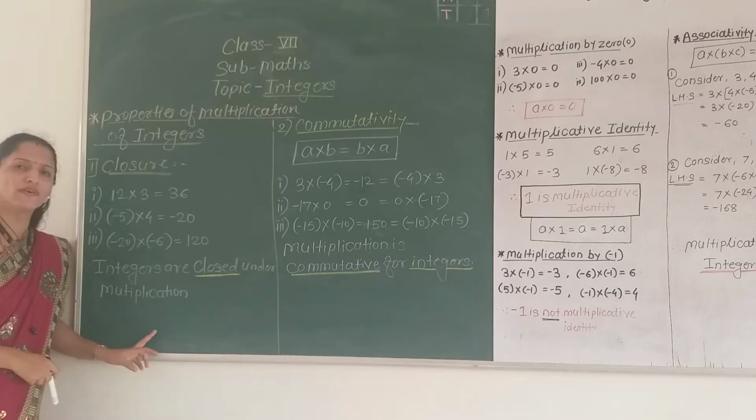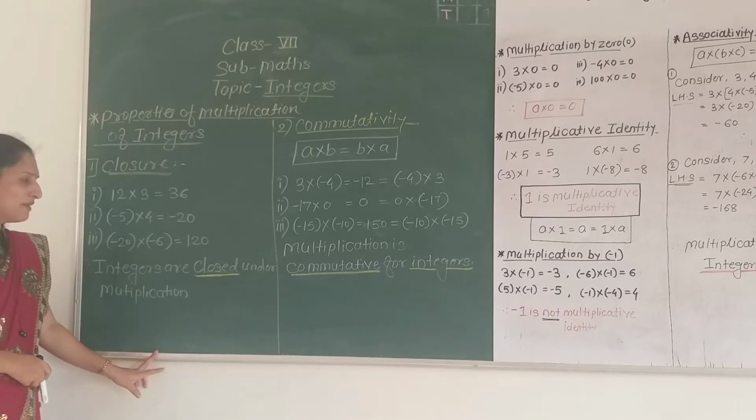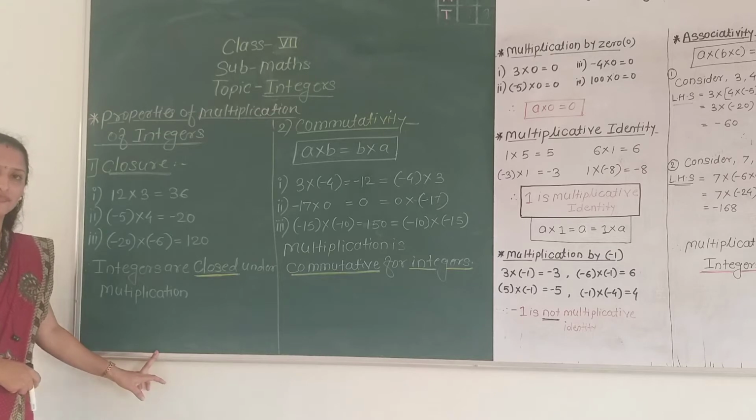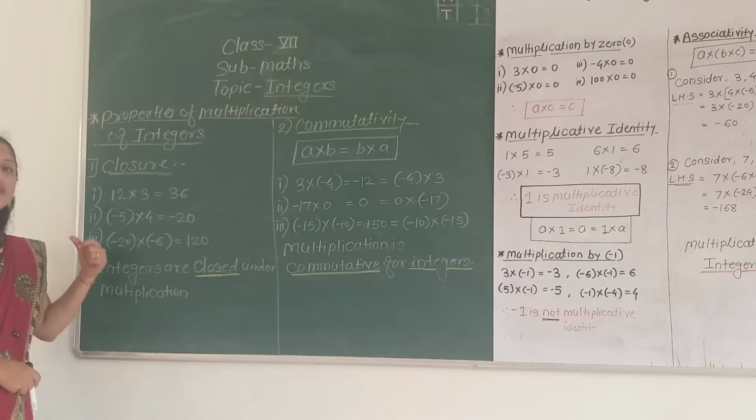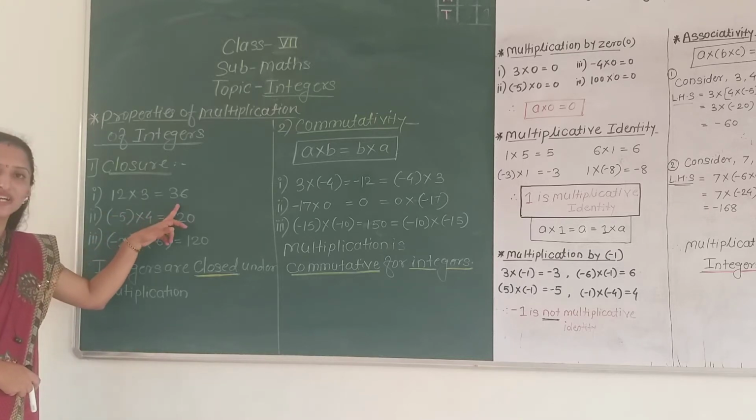What do you observe from this? Now tell me, students. Can you find a pair of integers whose multiplication, or whose product, is not an integer?